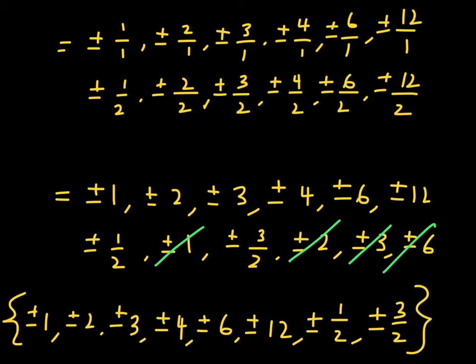This is the complete list of possible rational zeros. So once more, I'll explain this. If the function has any rational zeros, we're guaranteed that they have to be in this list.